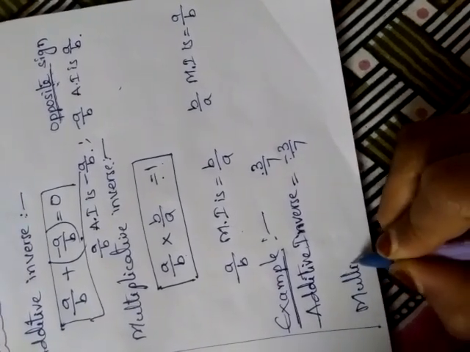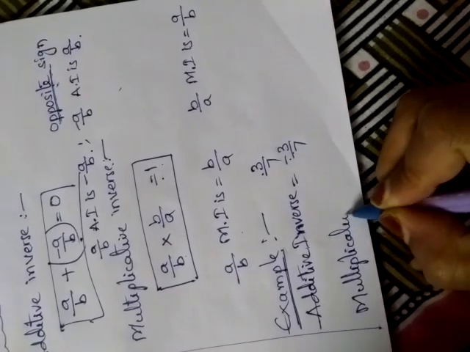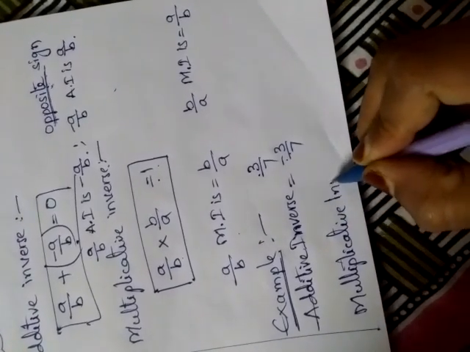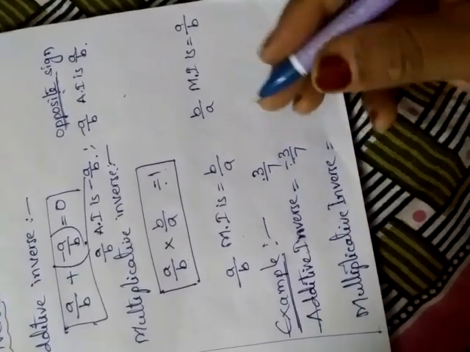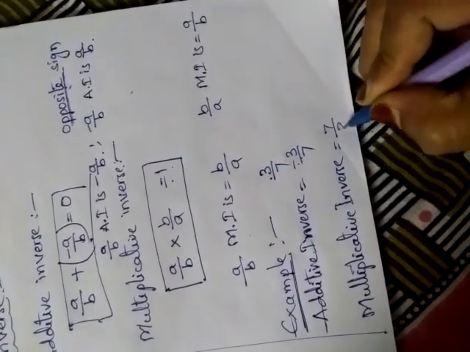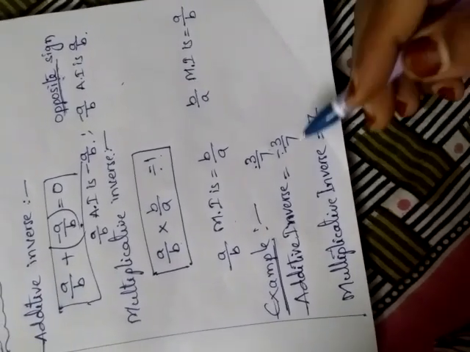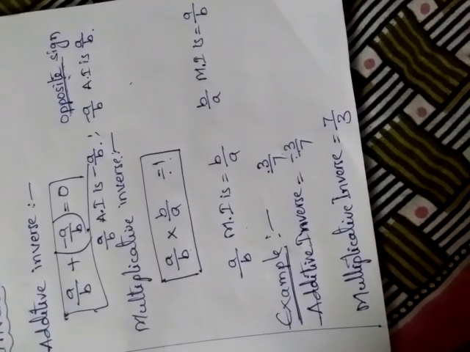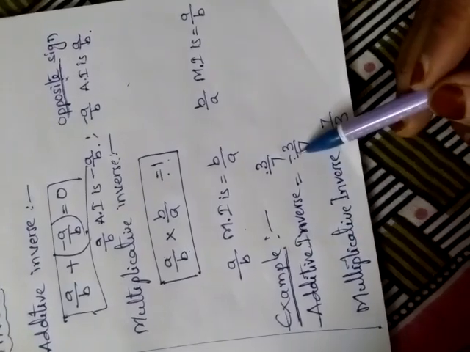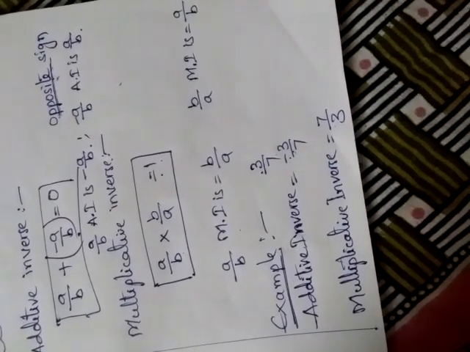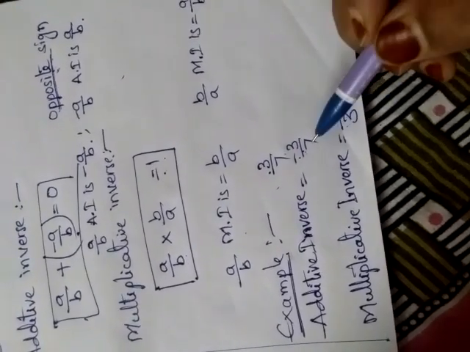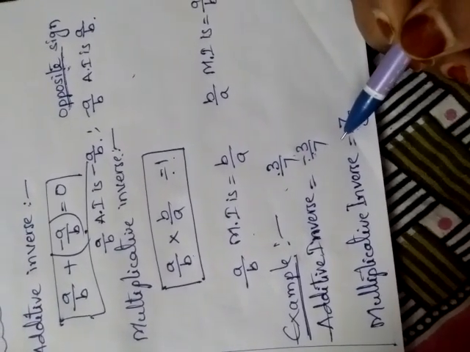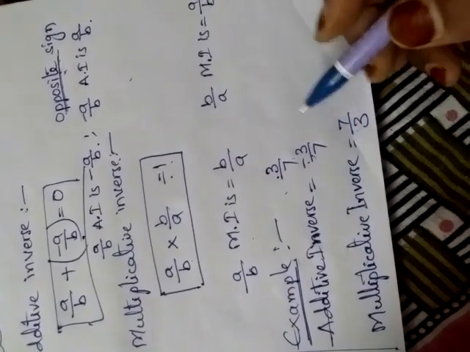Multiplicative inverse: what is the multiplicative inverse of 3 by 7? The reciprocal. The reciprocal of 3 by 7 is 7 by 3. This is the answer. If you write this much, you will get 2 marks for each problem, so 2 problems means 4 marks, easily. Sometimes it is asked in objective type also. Okay, part B.